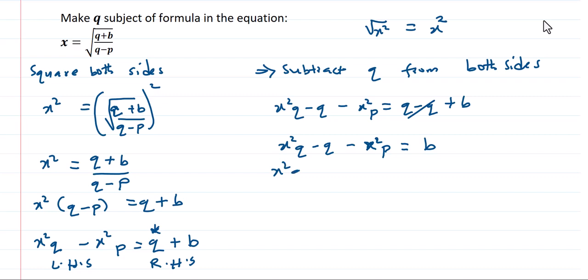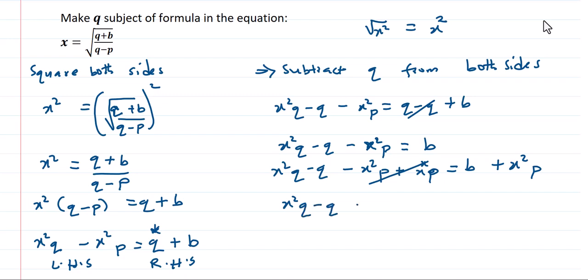So x squared q minus x squared b plus x squared b is equal to b plus x squared b. Remember, you have to do that on both sides so that this goes away and you're left with x squared q minus q is equal to b plus x squared b.